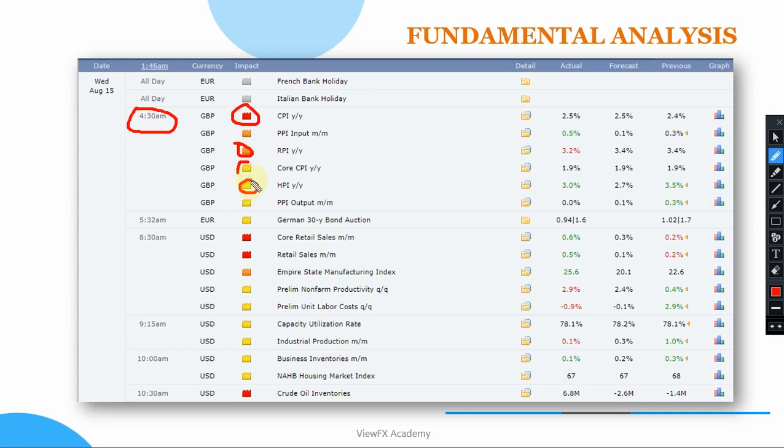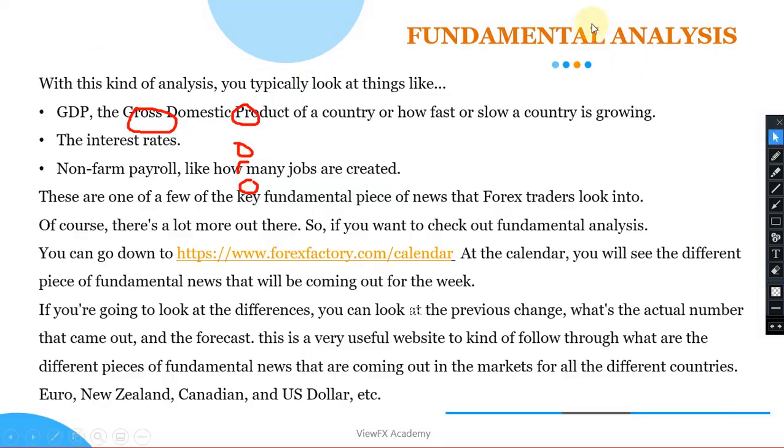I'm going to dedicate one single video on this. So what it means is that once these news are released at the given time, the forex market tends to adjust depending on the outcome of the news.